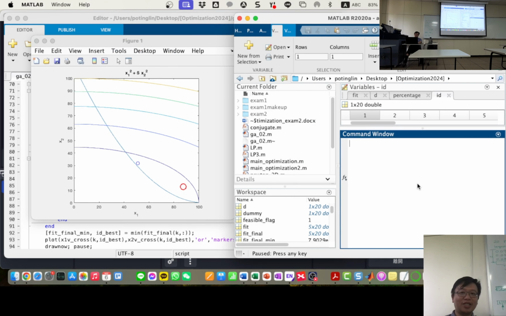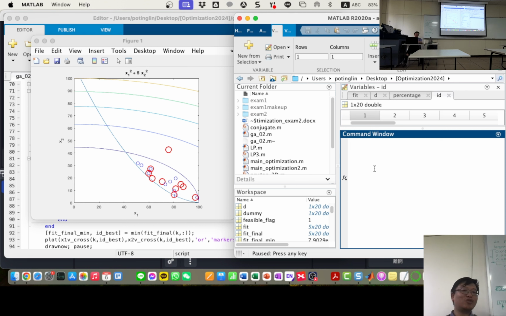Now let's take a look at the next iteration. Third iteration. So somehow we lose the overall best. The way I programmed it, I didn't keep the overall best well enough. The crossover mutation killed my overall best.